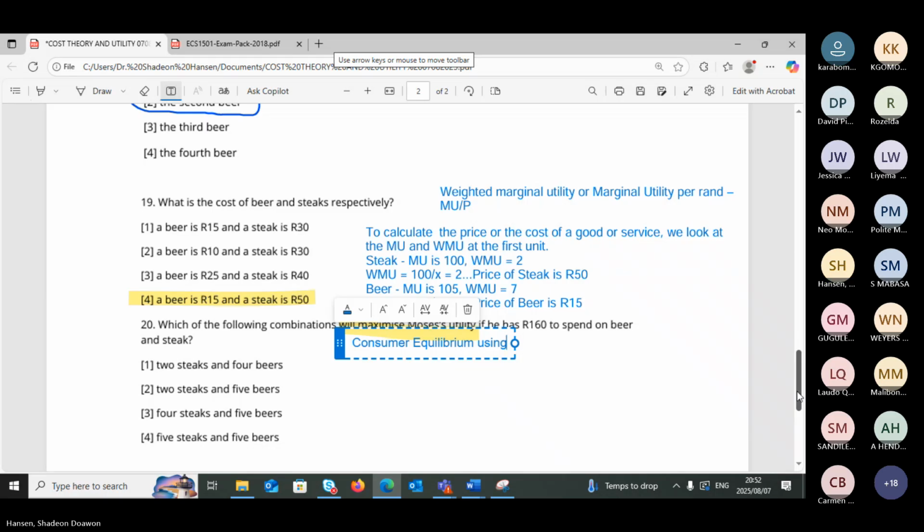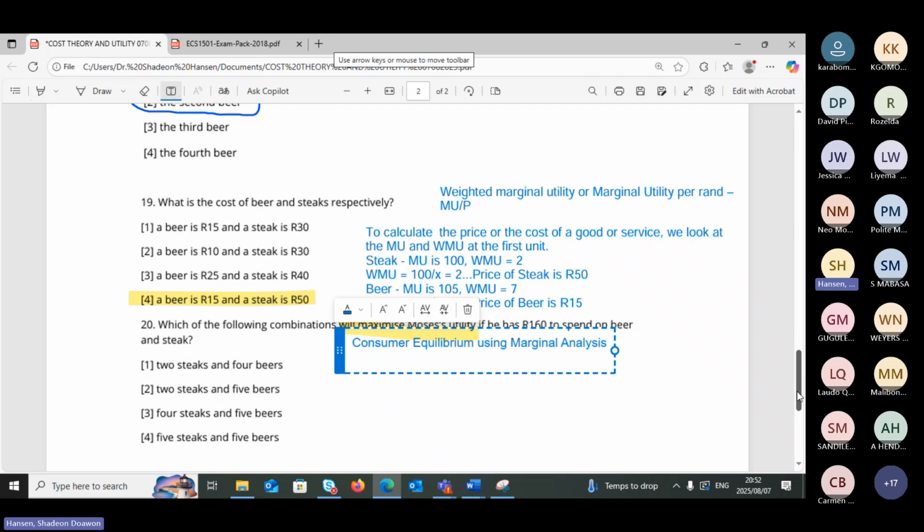It links with one another. Like I said last week, what you are doing in the first year provides a foundation of what to do in the second year. Second year economics builds on what you've learned in first year economics. So this is consumer equilibrium using marginal analysis.